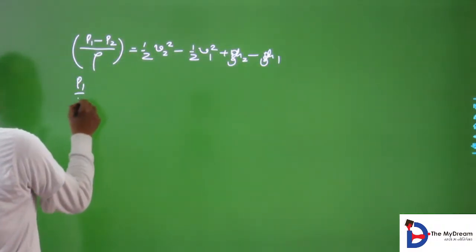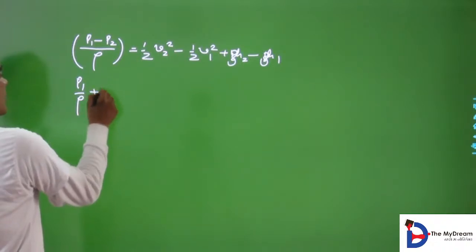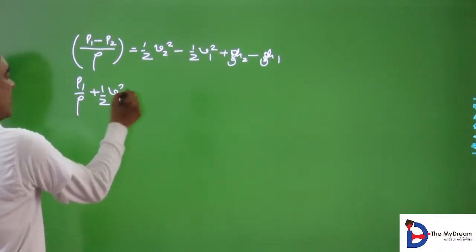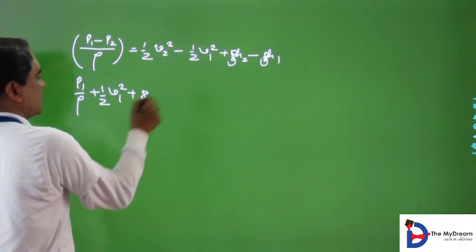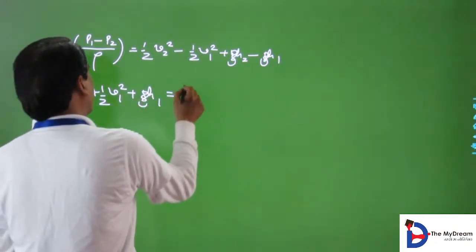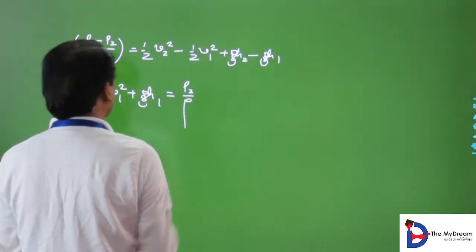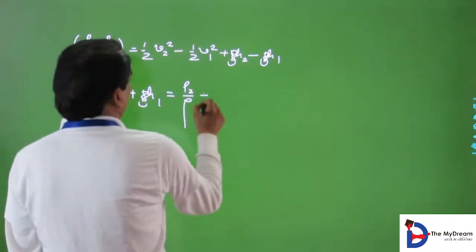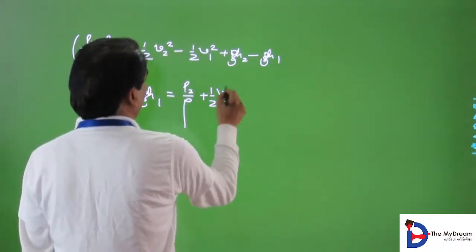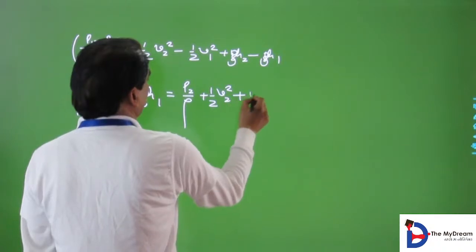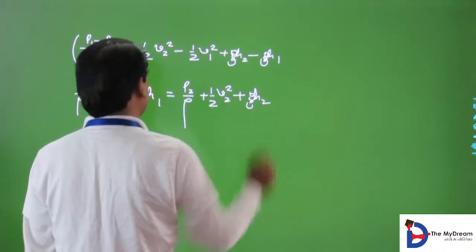So P1 by rho plus half V1 square plus g h1 equals P2 by rho plus half V2 square plus g h2.